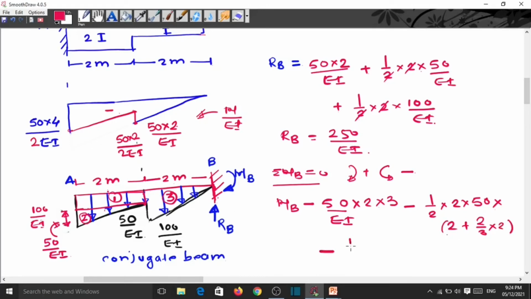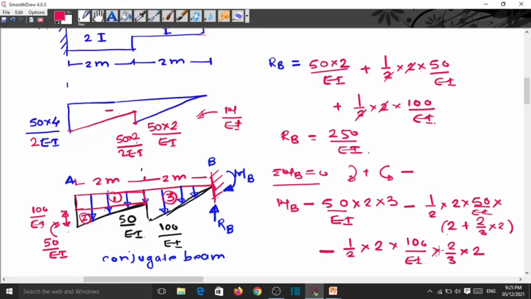First is area, 1/2 base into the height, into, here directly this is the apex, so from the apex it is 2/3 of this 2, divided by EI.